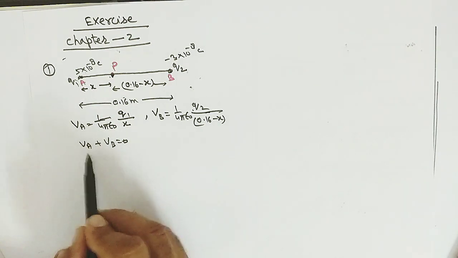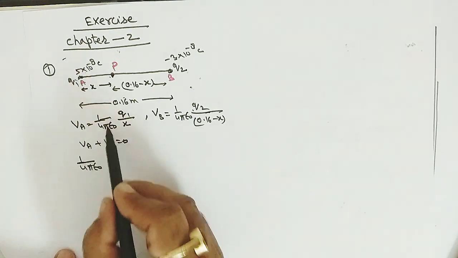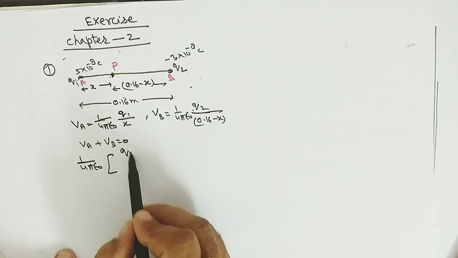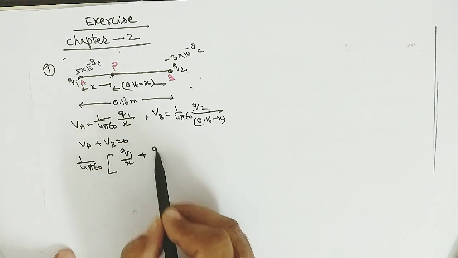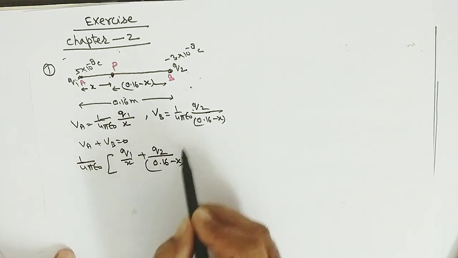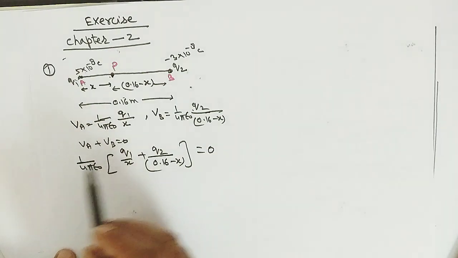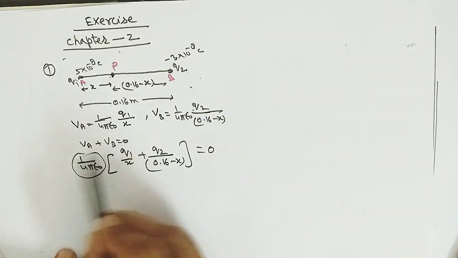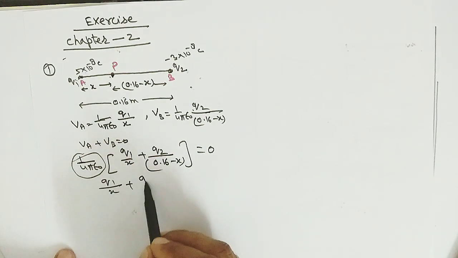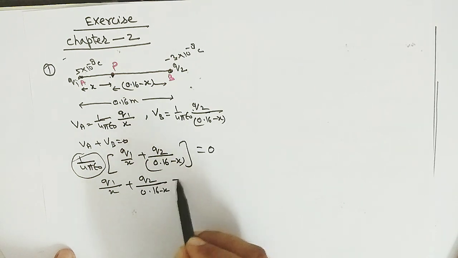Put the values: VA plus VB. I am taking the common 1 upon 4 pi epsilon naught, within bracket Q1 upon x plus Q2 upon 0.16 minus x, and it should be 0. Is it clear? Now 1 upon 4 pi epsilon naught is not 0, so you can write Q1 upon x plus Q2 upon 0.16 minus x is equal to 0.